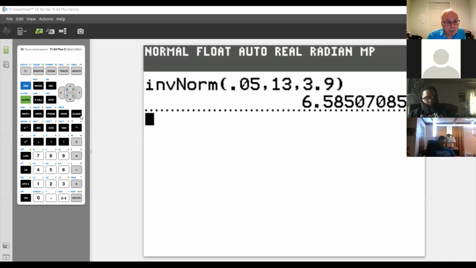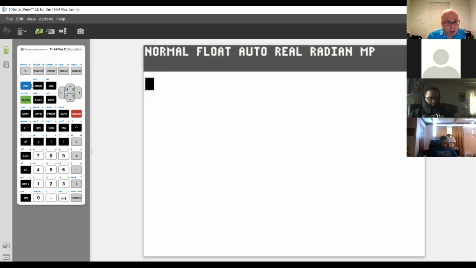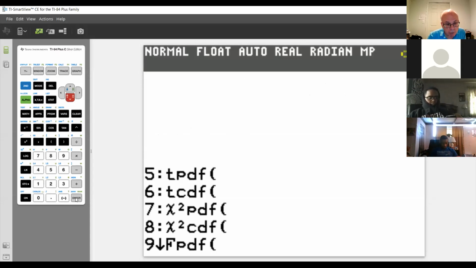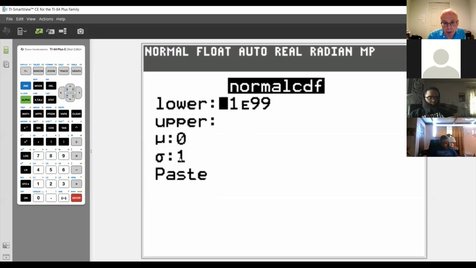Now, standard normal is that special normal curve with a mean of 0 and a standard deviation of 1. To find any probabilities or areas under the curve, we're going to be using normal CDF. With your 83 calculators, you'll see normalcdf with an open parenthesis.